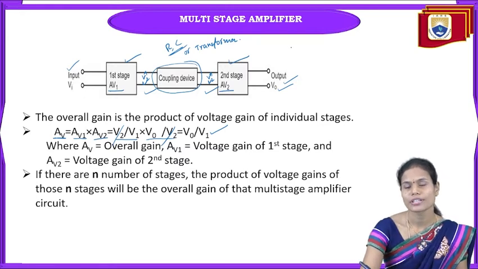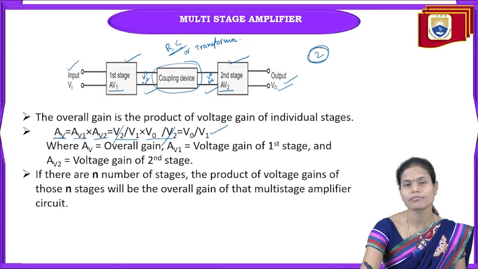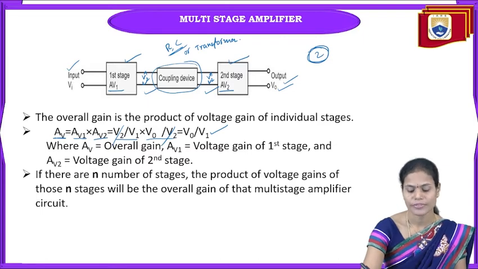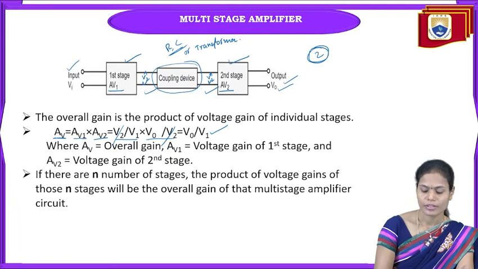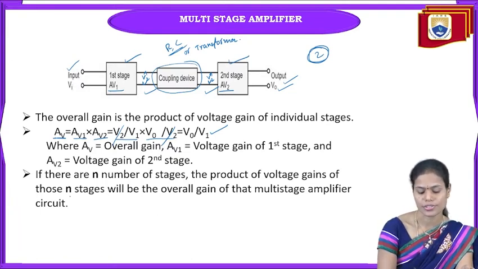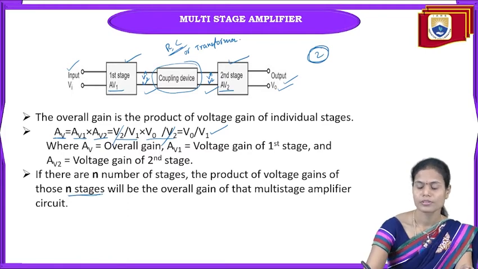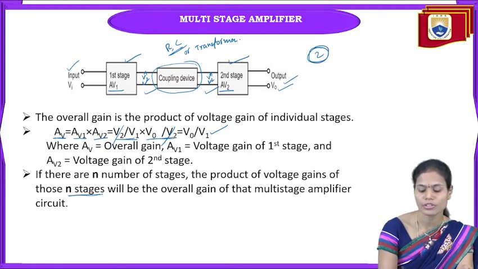In this particular condition, we have considered only two stages. Similarly, we can connect n number of single stages to make a multi-stage amplifier. In that case also, the overall gain is the product of the gains of the individual n stages. Here we have taken two stages, so we multiplied the gains of the two stages only.